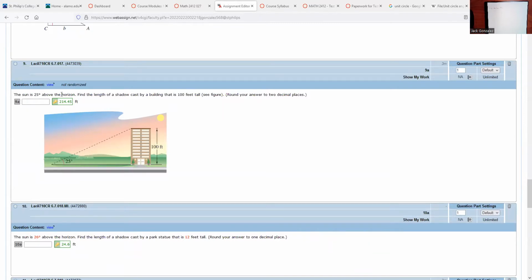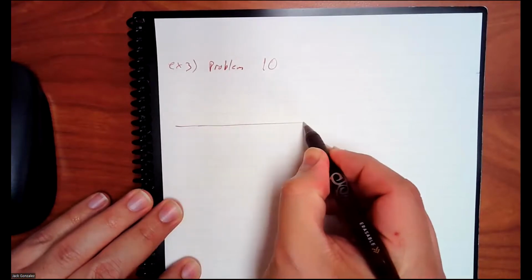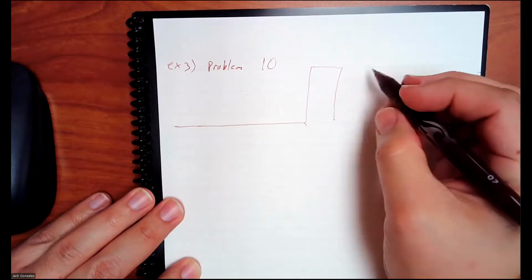So the sun is 25 degrees above the horizon. So basically, what they're saying, so here's the visual. We'll have to draw this on the next one. Looking upward towards the sun at 25. Find the length of the shadow. Of the building that's 100 feet tall, sorry. So the building's up here, 100 feet.